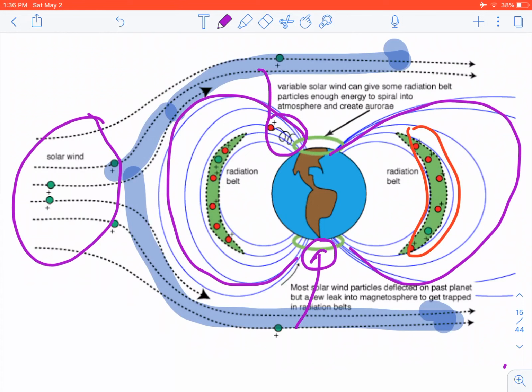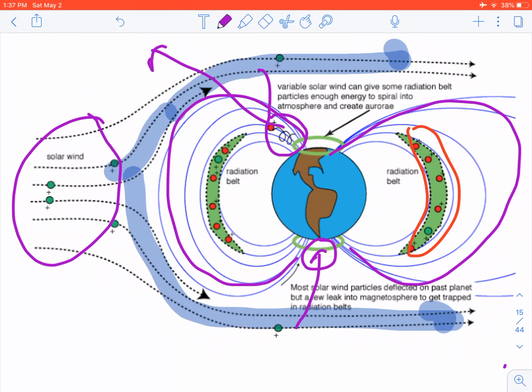So we have these solar winds that are moving towards the Earth, and they strike the atmosphere here in this area, right?